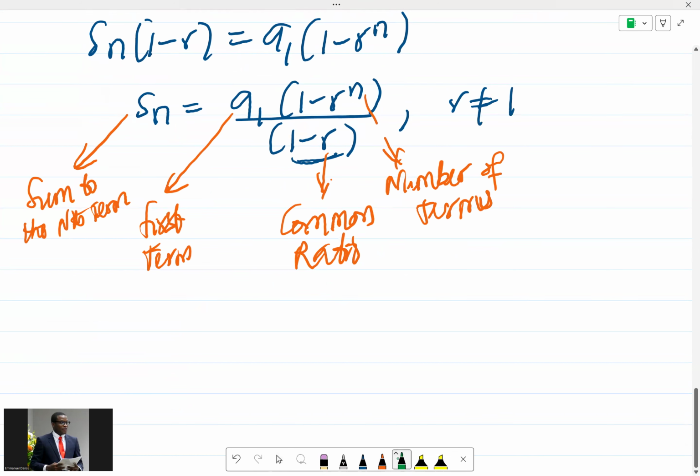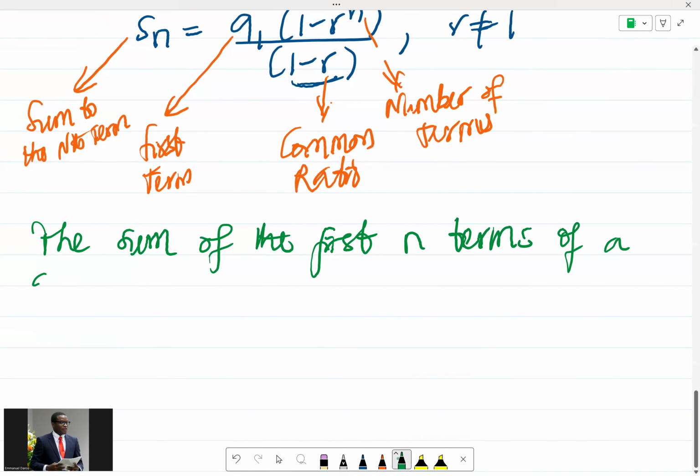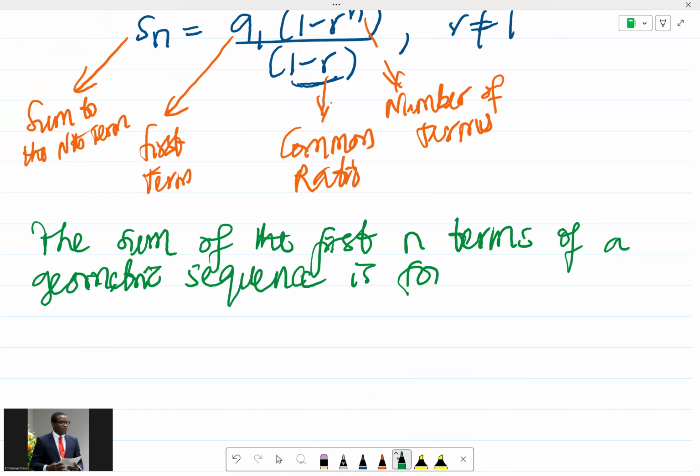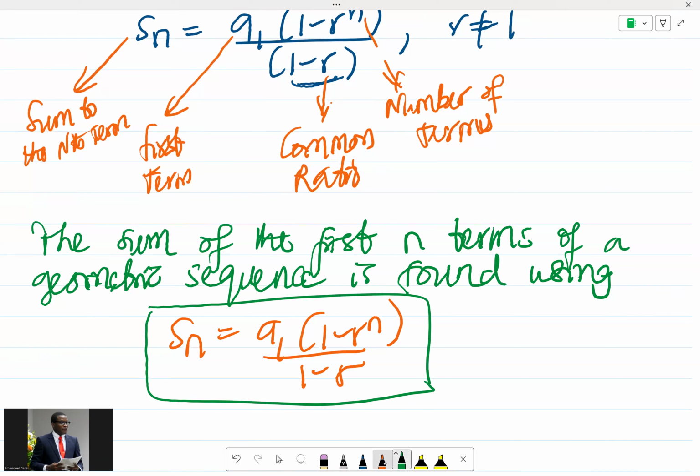For emphasis, I rewrite: the sum of the first n terms, or the sum to the nth term, as I like to call it, of a geometric sequence is found using this formula: Sn equals A1 into 1 minus R raised to power n, all over 1 minus R. Really important formula right there, of course given that R is not equal to 1.